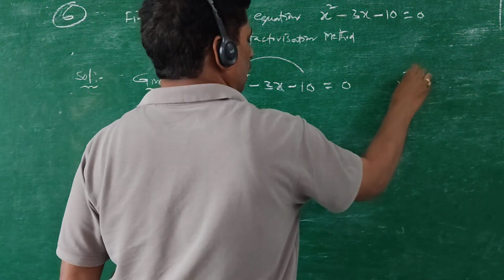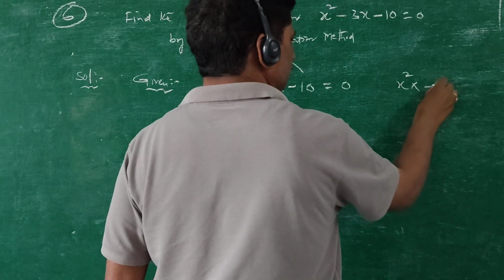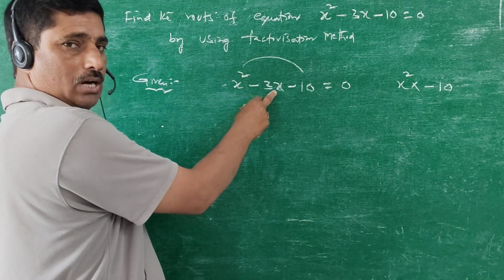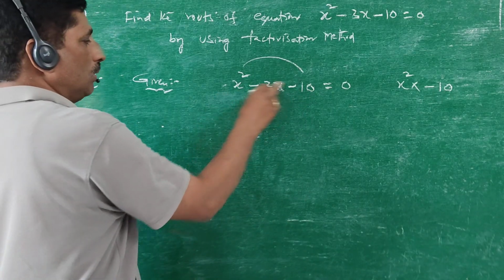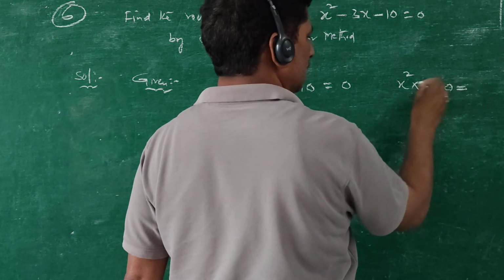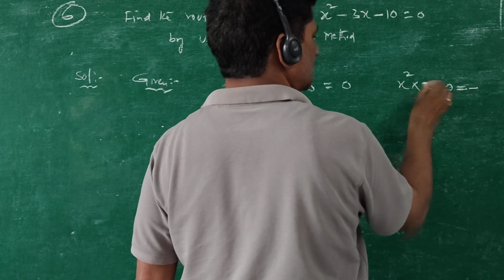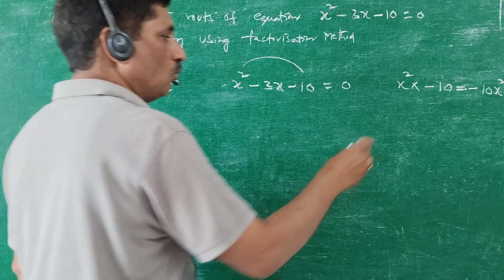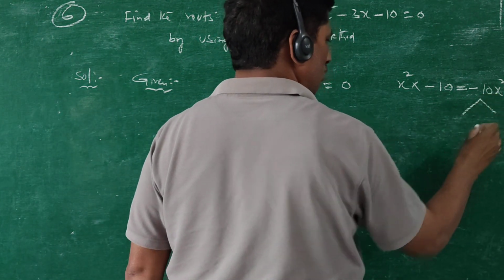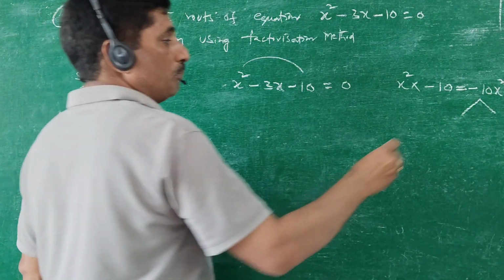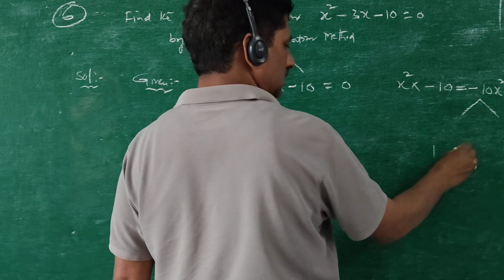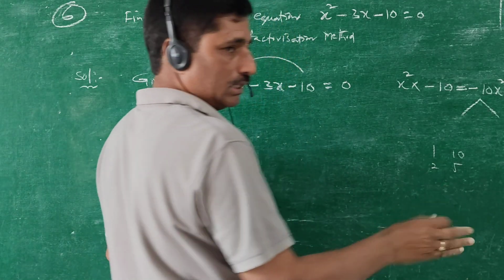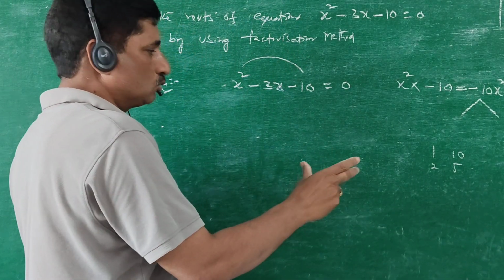This is the quadratic term x square, and this is the constant minus 10. We should multiply these two terms. Then what you get is plus into minus, minus 10x square. This product we have to split into two factors. The pairs of factors of 10 are 1 and 10, 2 and 5, 5 and 2, 10 and 1.